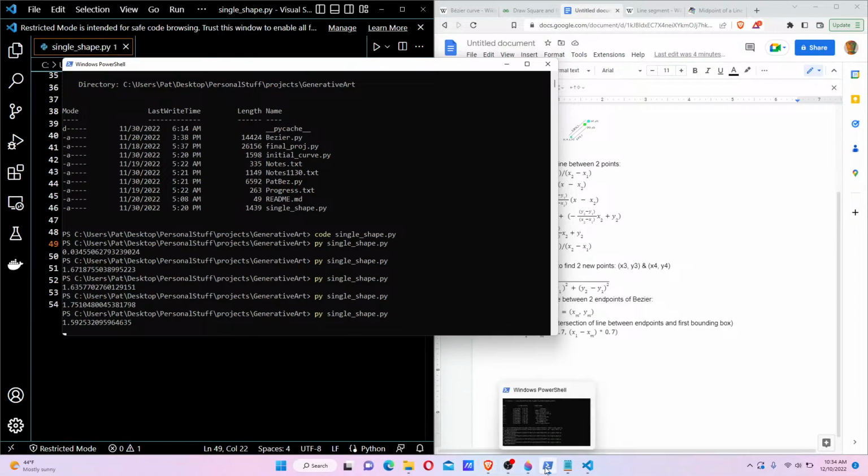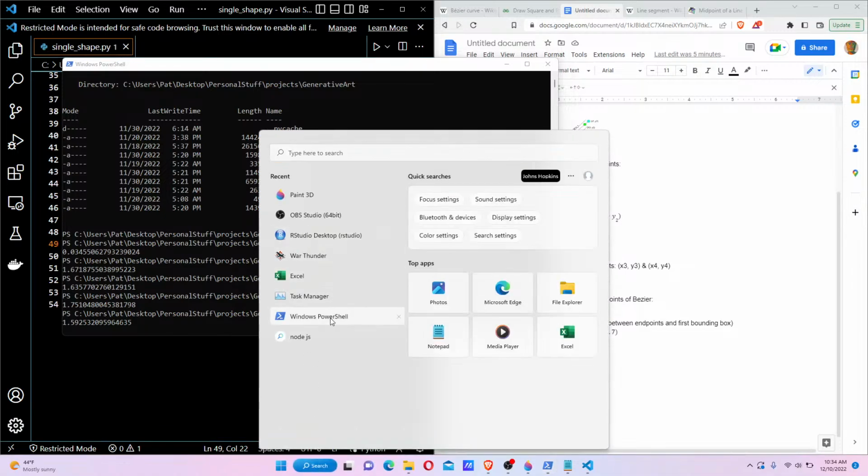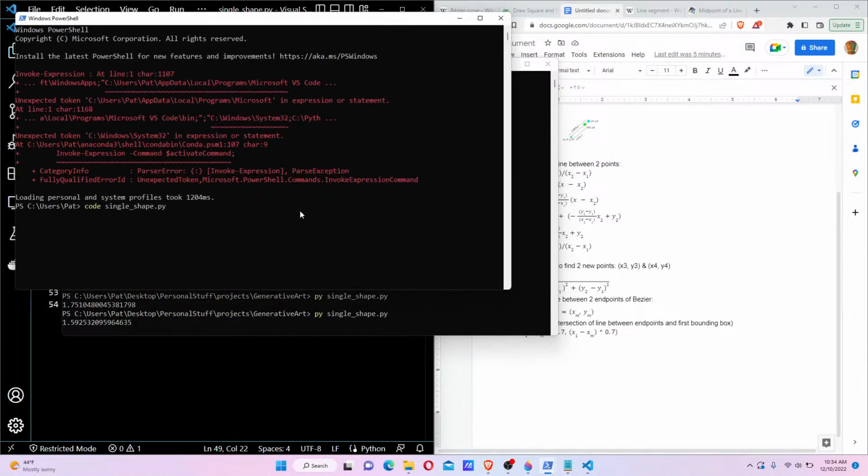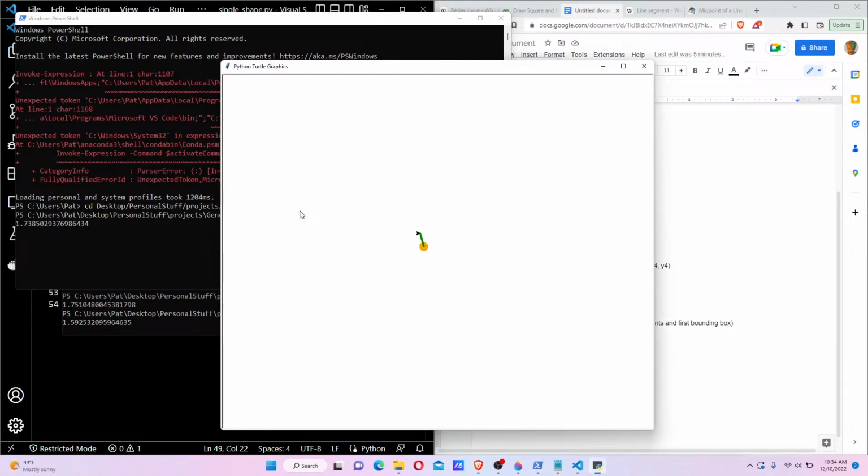Where's the turtle window? Well, that's weird. Just open up a new PowerShell. Okay.